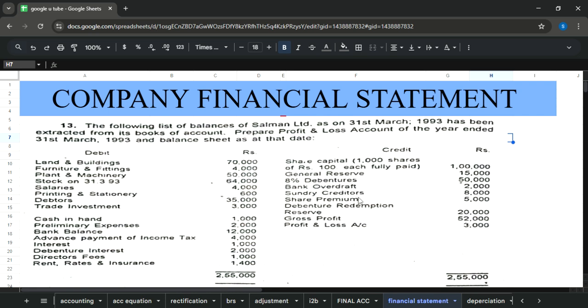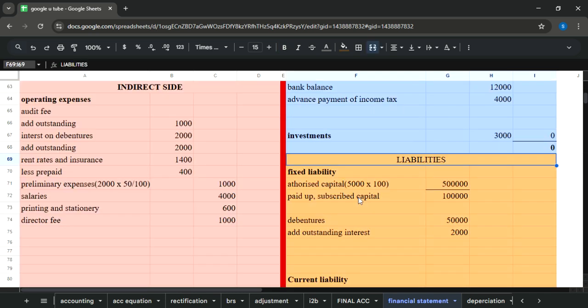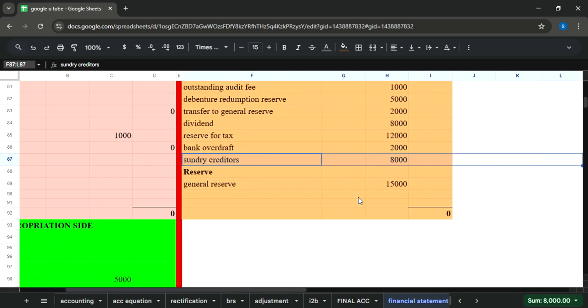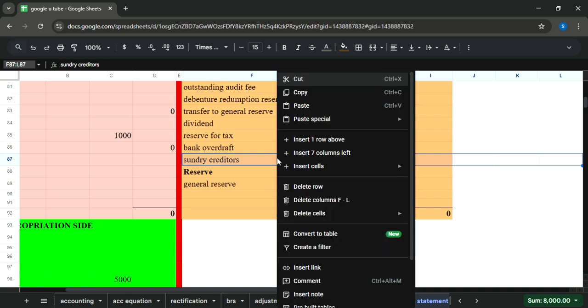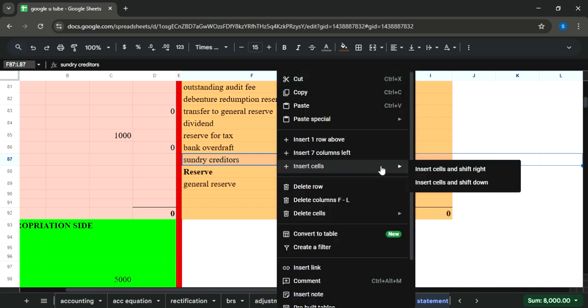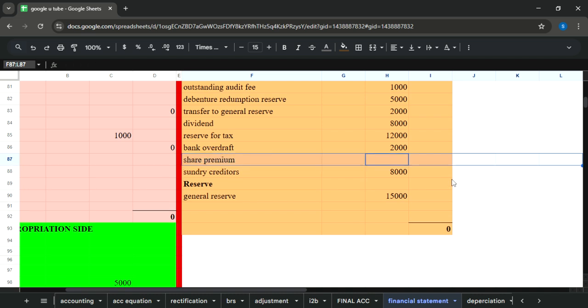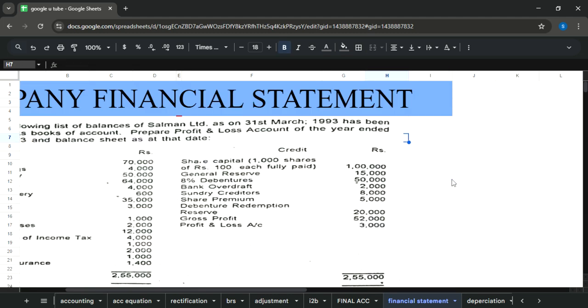Next, share premium. Again, it's a liability, and we don't have sufficient place. So this is the first time we are including a space in the current liability side. Alright guys, so here we will be mentioning share premium. Amount of share premium, I think it's 5,000.